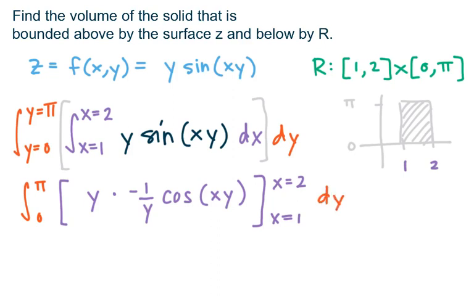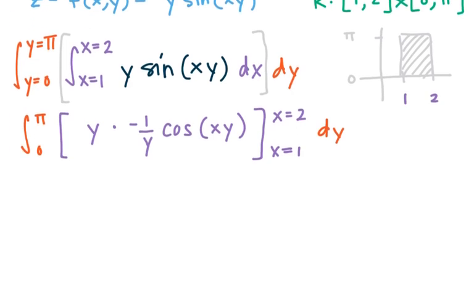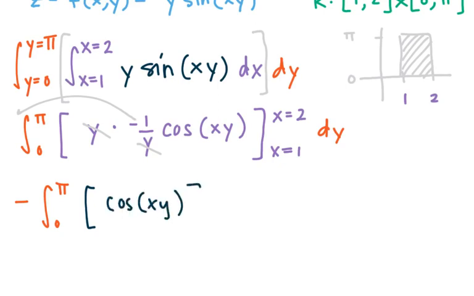Now, before we integrate, of course, we can simplify. We should notice that these y values are going to cancel. This negative can come in front. So I have negative the integral from 0 to pi of cosine xy. We still need to evaluate from x equals 2 to x equals 1. So I'm plugging in this 2 and 1 for x.